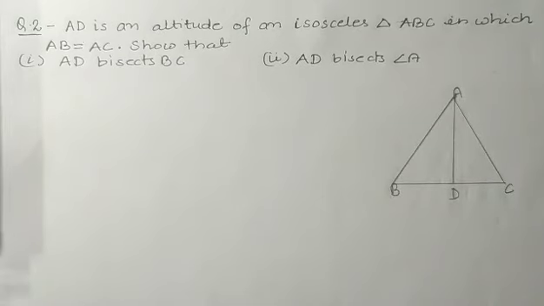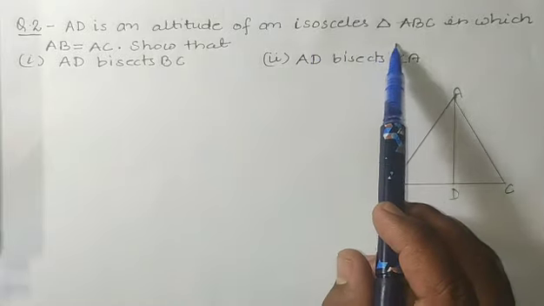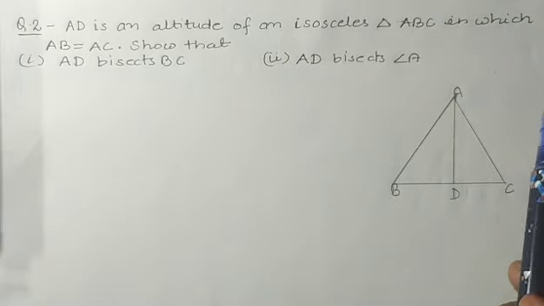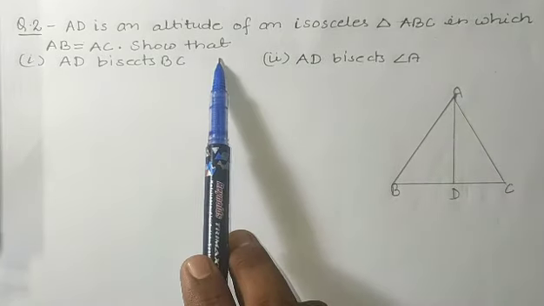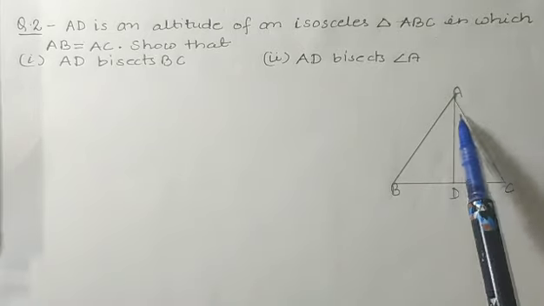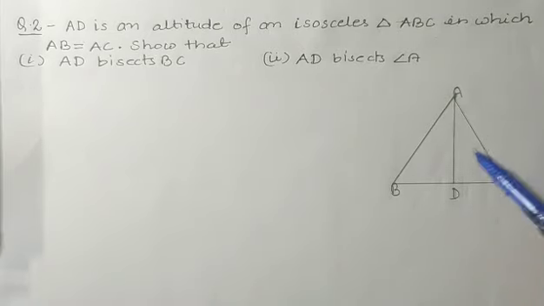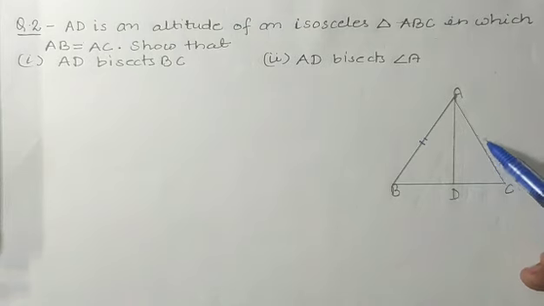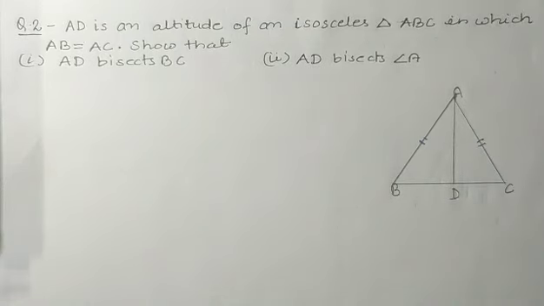The second question of exercise 7.3 is: AD is an altitude of an isosceles triangle ABC in which AB is equal to AC. This is an isosceles triangle ABC in which it is given that AB is equal to AC. Students, what we have to show?